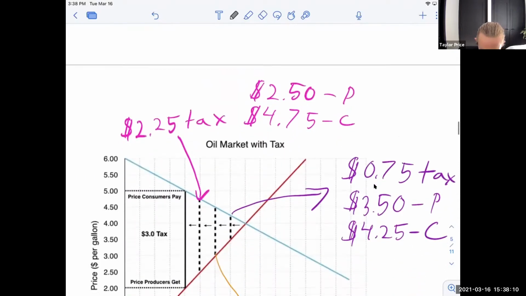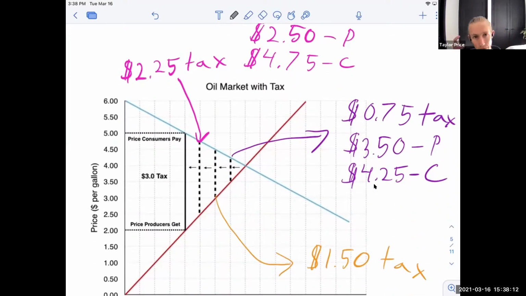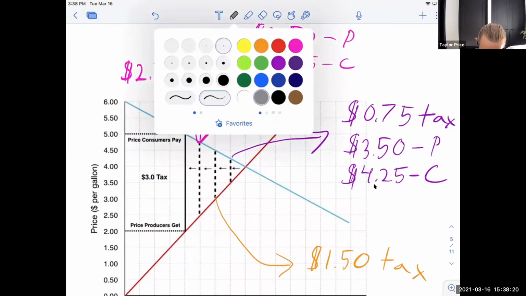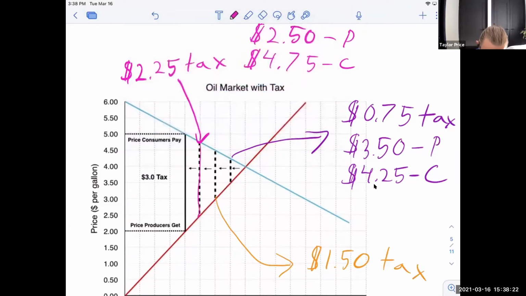And then just to further think about that tax question, we have a couple different lines in here. So for example, if this pink line was actually the tax, the price that producers receive would be $2.50, and the price that consumers pay would be $4.75, and the tax is $2.25.